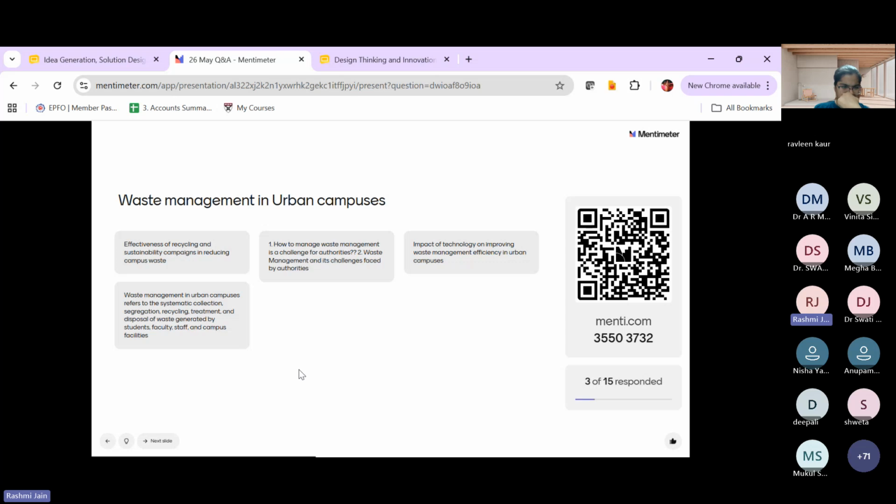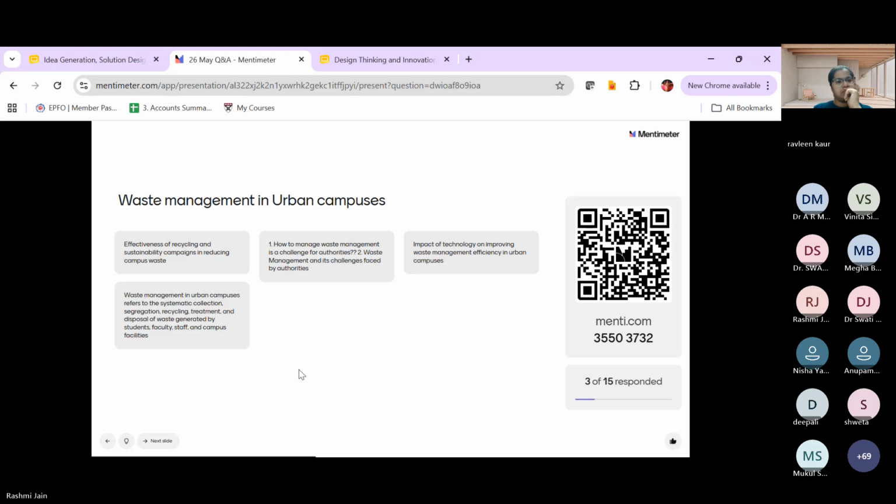Waste management in urban campuses refers to the systematic collection, segregation, recycling, treatment, and disposal of waste generated by students and faculty. This looks like a very simple statement. It's kind of a definition only. I would not qualify this as a research problem statement.